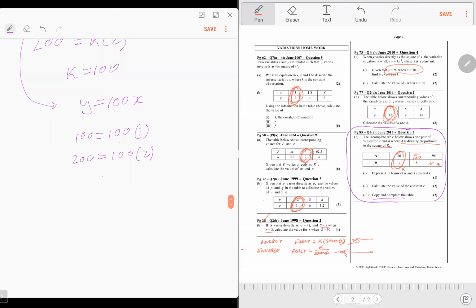When x equals 3, y equals 300. When x equals 4, you still have to multiply by 100 to get the y value. Where does y equal? 400. So you see that as the x value increases, the y value increases. That's a direct variation. That's how it works.